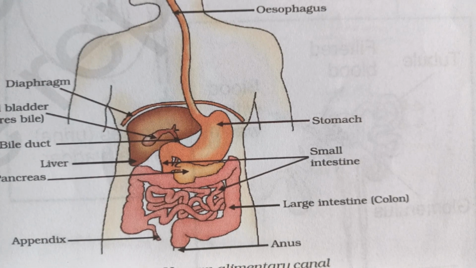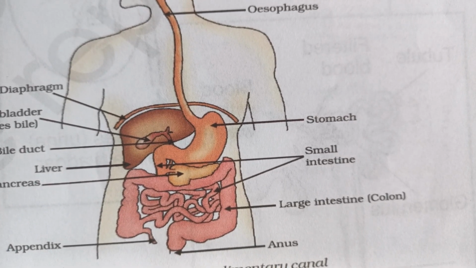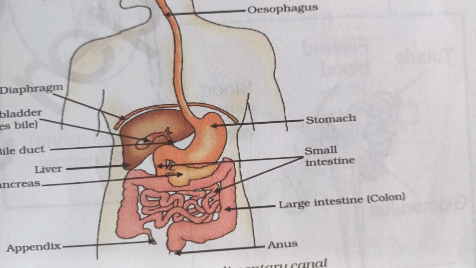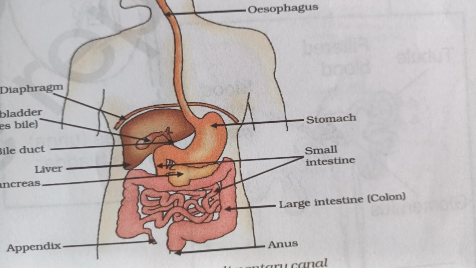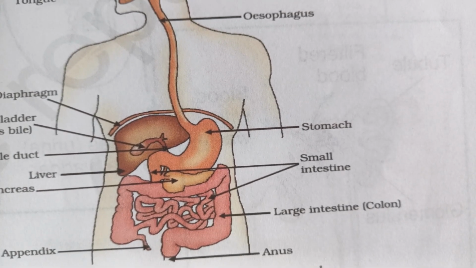So the digestion function in the stomach is important, as hydrochloric acid creates an acidic medium for the action of the enzyme pepsin, and hydrochloric acid helps in this way because then pepsin can break down the protein in the stomach.